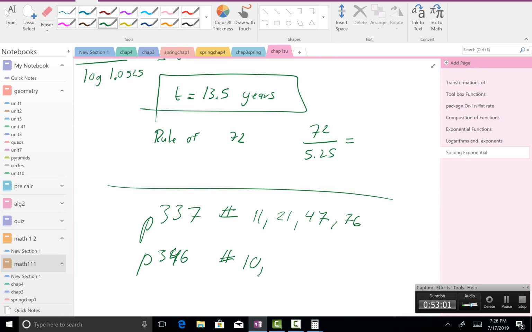Oh, I do a present value one, so I'll put that on there. Rate of interest, did I do that too?